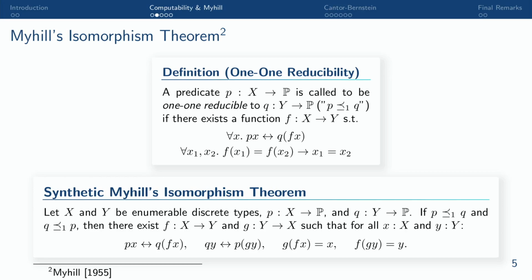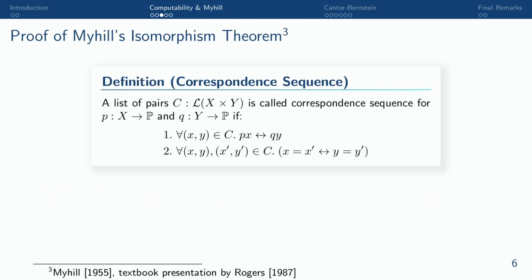And the proof is, I would say, quite interesting and beautiful. It goes back again to Myhill, and we mainly followed the excellent textbook presentation by Rogers and formalized the many implicitly given arguments in the traditional presentation.